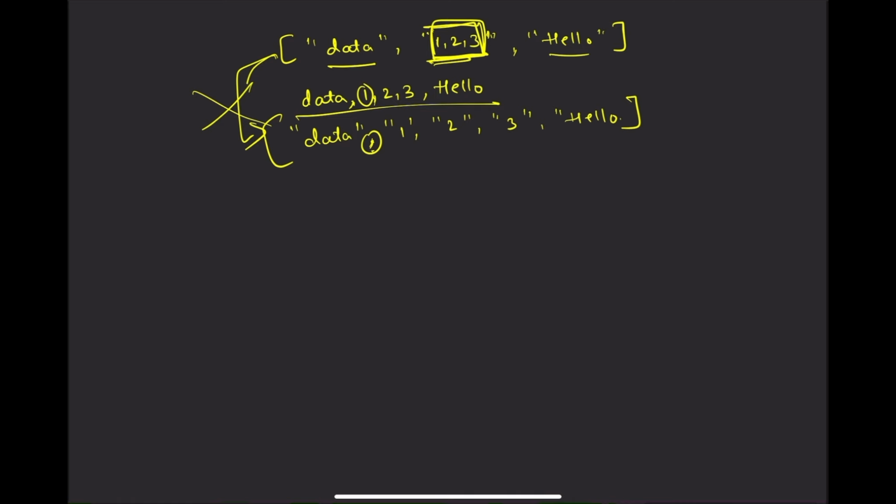So we realize that any solution that depends on finding a separator or a delimiter is not reliable in this case because we can't control what's inside the string. So now we have to ask ourselves, how do we encode the strings so that the decoding is always reliable no matter what characters are inside the string? That leads us to a better idea.